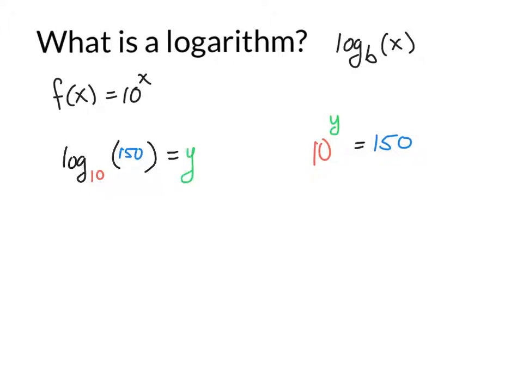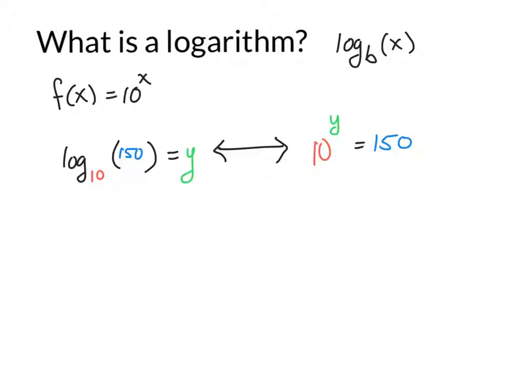So these two statements right here, log base 10 of 150 equals y, and 10 to the y is equal to 150, are joined together. They're sort of pairs that go along with one another.